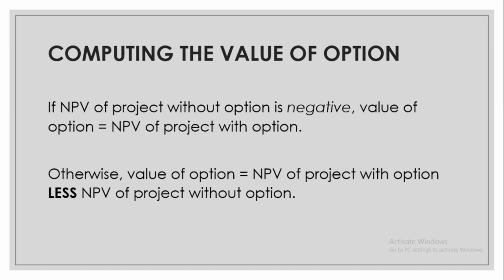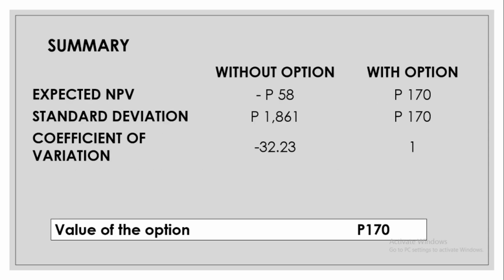If you remember properly, the project without option on investment timing option has a negative NPV. And so, the value of the option would be 170 right away, which is equal to the expected NPV of the project with option.